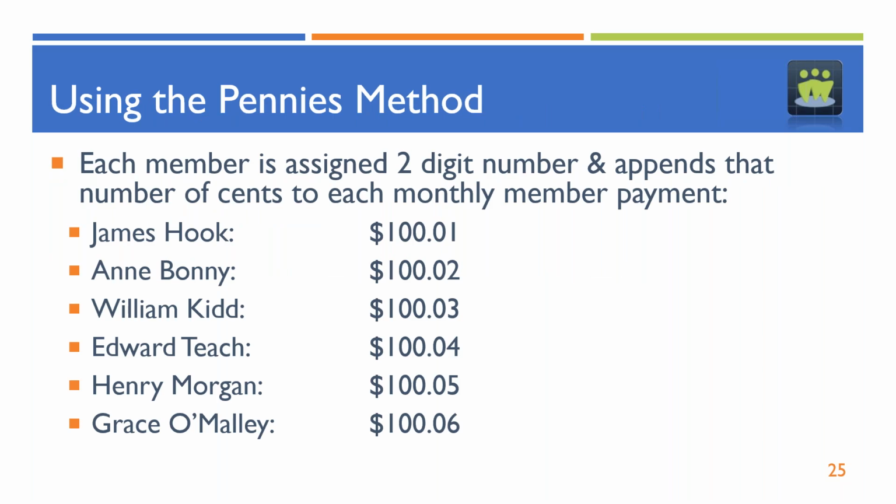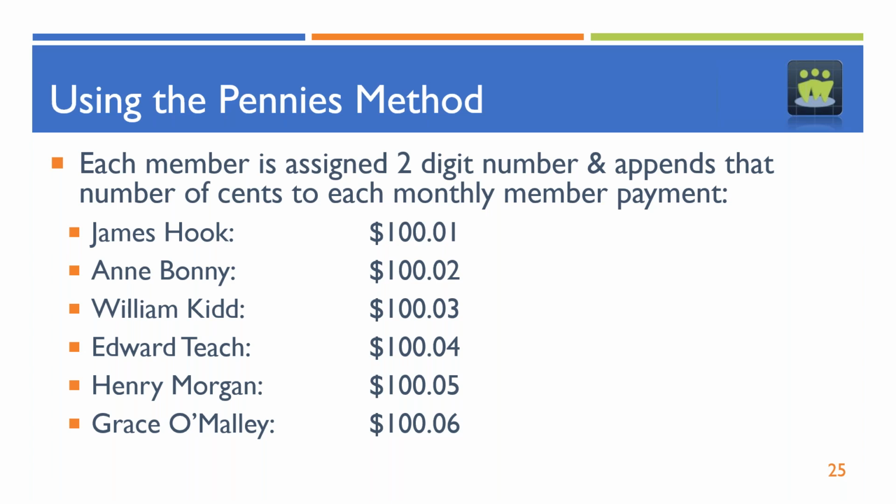The pennies method is where the treasurer assigns each member a two-digit number, or 2 pennies worth of identification. And so each member gets a different cents, pennies amount, and appends that to their monthly regular periodic deposits and member payments.